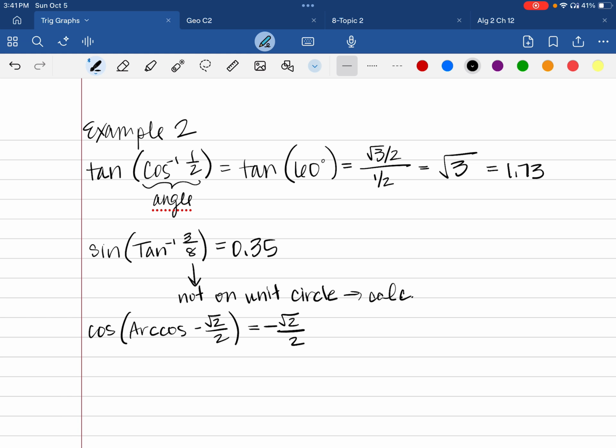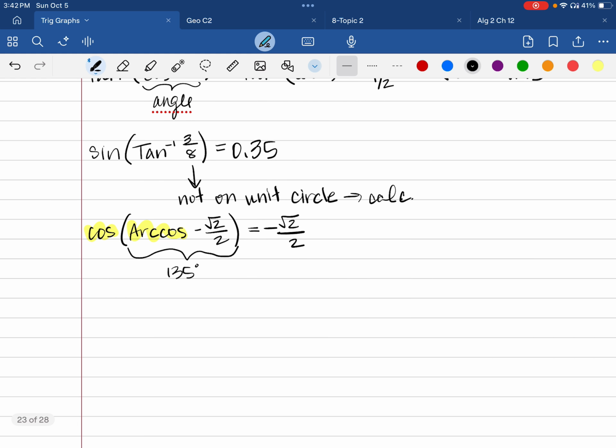Because the arc cosine of negative square root of 2 over 2 is asking what angle has a cosine of negative square root of 2 over 2. That happens at 135 degrees. Well, the cosine of 135 degrees is the negative square root of 2 over 2. These two functions, cosine and arc cosine, cancel each other out effectively. They are inverse functions. They undo each other.